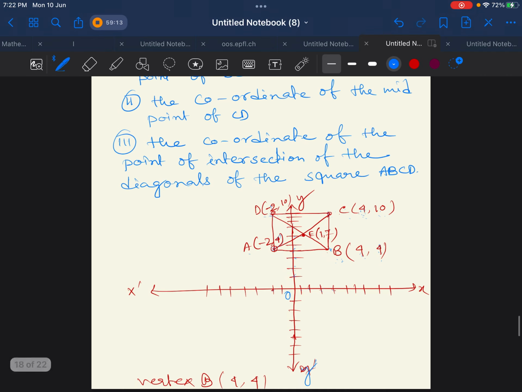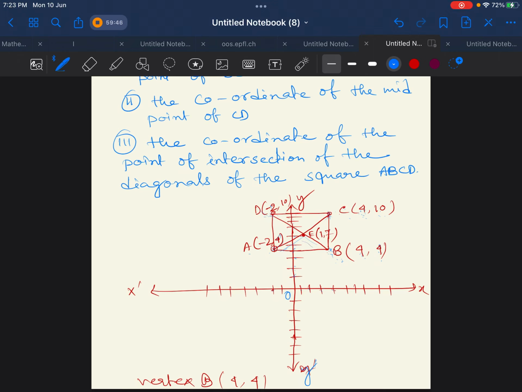Third question, the coordinate of the point of intersection of the diagonals of the square ABCD. So we get a square ABCD. Here the intersection of the two diagonals AC and BD. Here we get two diagonals. What is the value of the intersection of these diagonals?